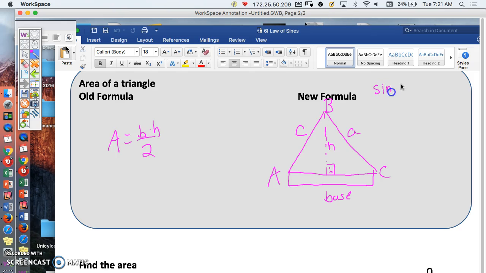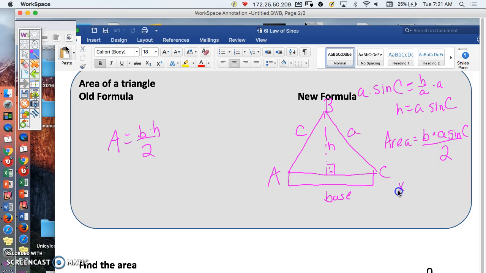We could say the sine of C is equal to h over A. So height equals A times the sine of C. So another formula for area, we could say base times our height, which is A times the sine of C, divided by 2.